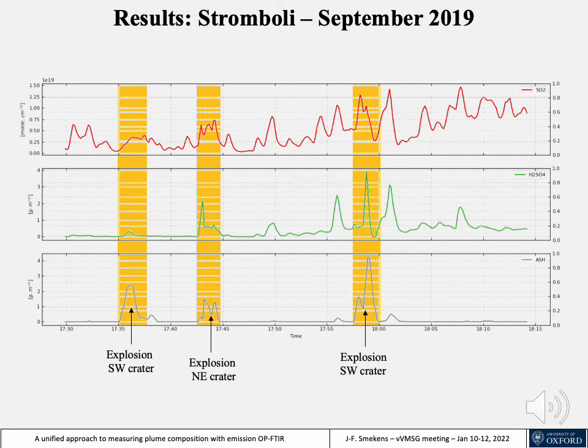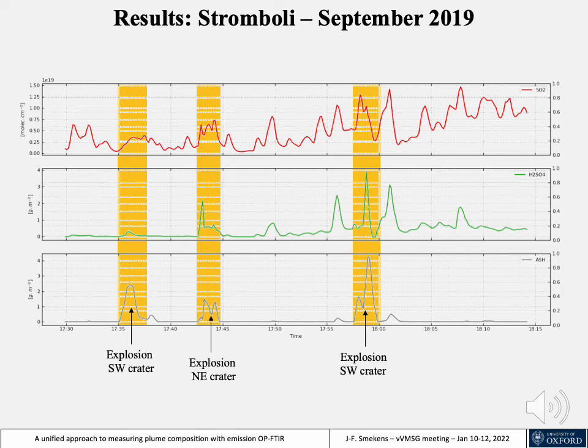So when we look at the time series of the retrieved quantities, the top panel in red is the SO2, in green are the sulfate aerosols, and in gray is the ash slant column density. During these explosions, we see increases in retrieved quantities of ash that are generally associated with high gas emissions and sulfate aerosol emissions.